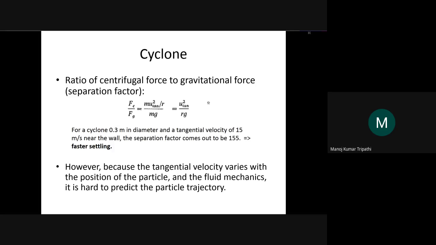Is that something that is known to you? Yes, sir. Okay. So if you have a mixture, then heavier particles tend to go outwards if there is a centrifugal field, if there is a rotational motion. That is what separates the particles, and gravity is what pulls them down. If there is more gravitational force, then they will tend to come down quickly.